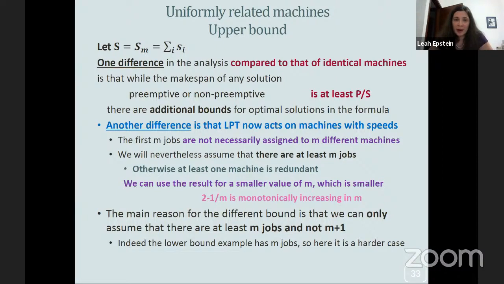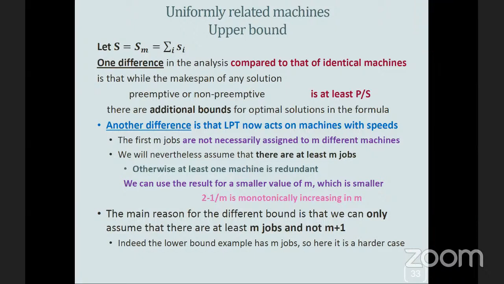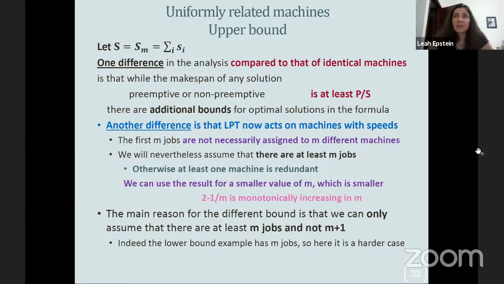As I said, if there are fewer jobs than machines, you can remove a machine, and then you can use by induction the result for fewer machines. And this is not just some technical issue that we are not successful in proving that we need at least m+1 jobs, because in the example, in the lower bound, there were m jobs.